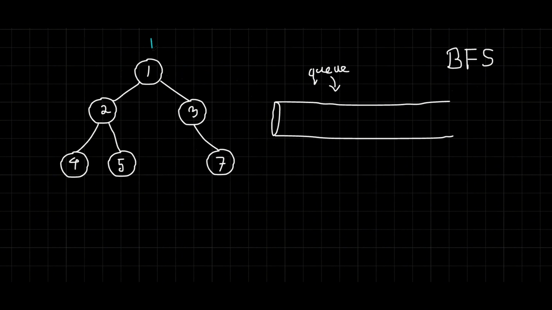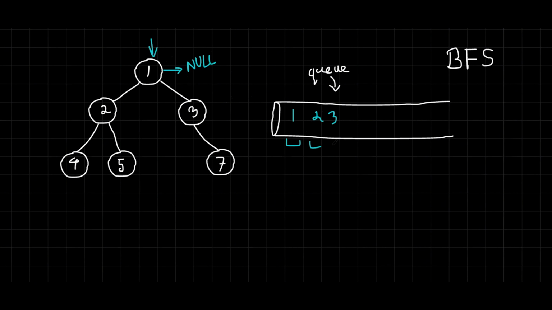Initially, we are at this element 1, and we have to insert 1 into the queue, and 1 has two children, 2 and 3. So we have to insert 2 and 3 as well. So this 1 is the only element in the first level. So this 1 is the last element of its level, so its next pointer is set to null.